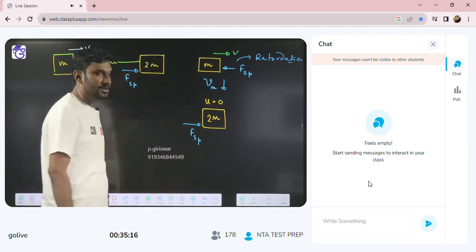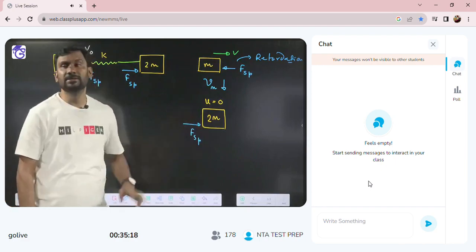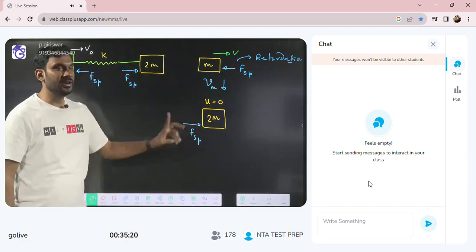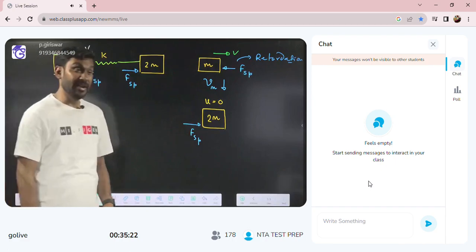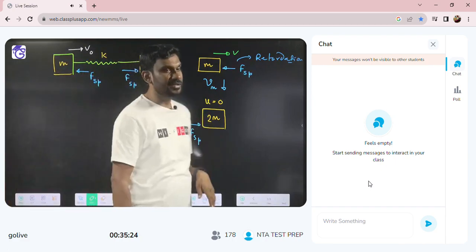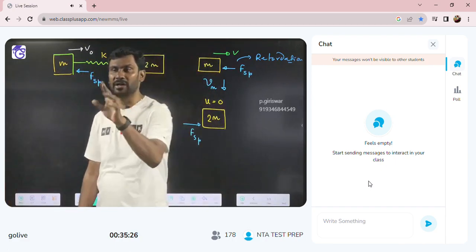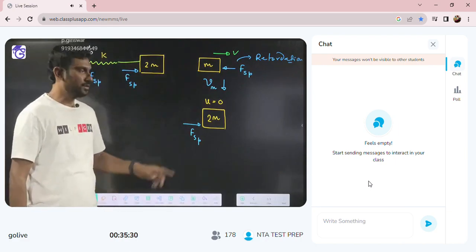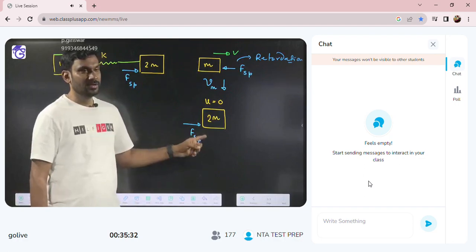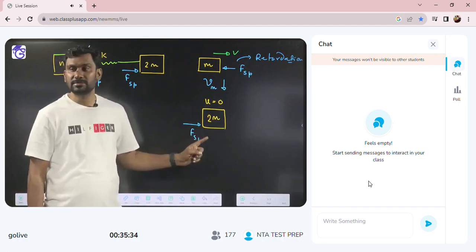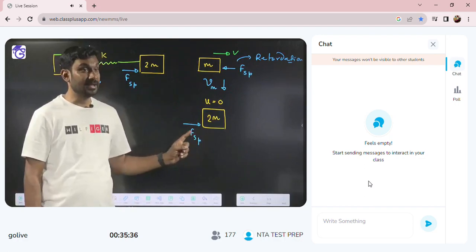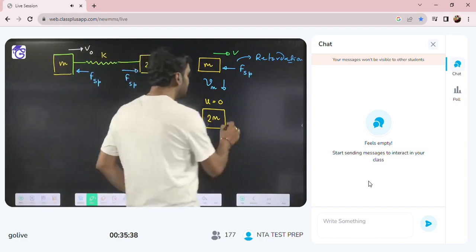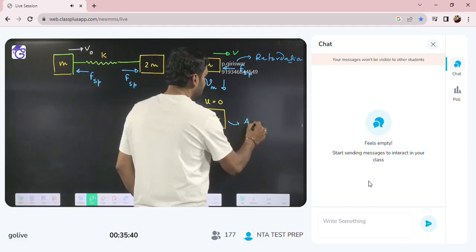So what will happen for this, acceleration or retardation? Very interesting case it is. Quick response. Yes Navya, correct. So this 2M block will accelerate.